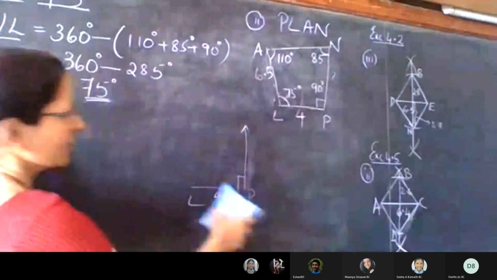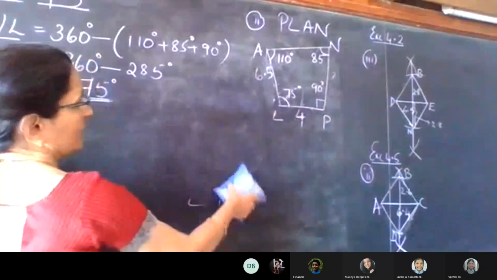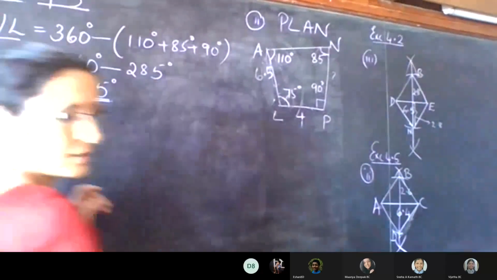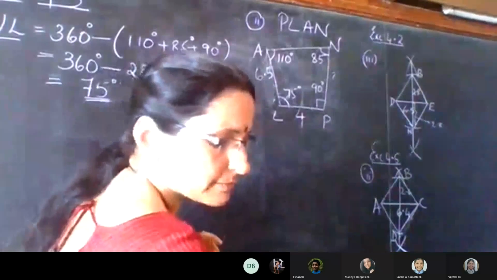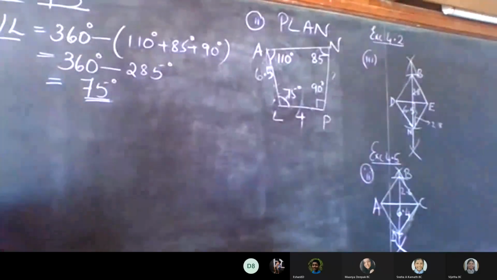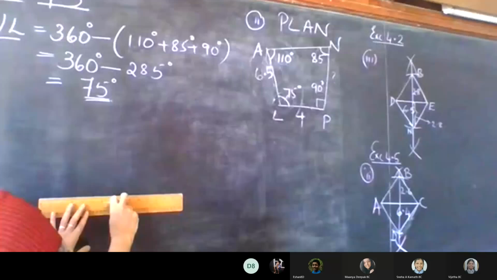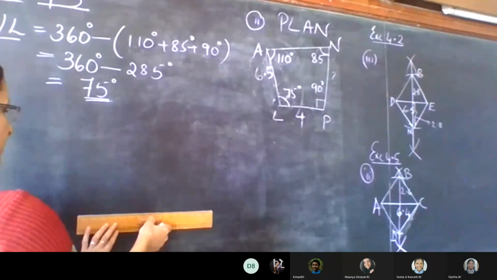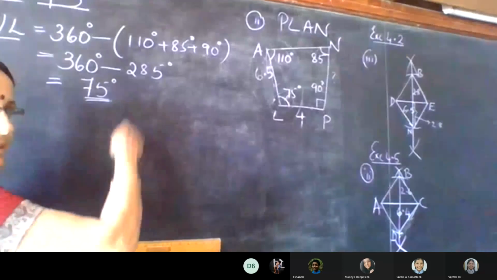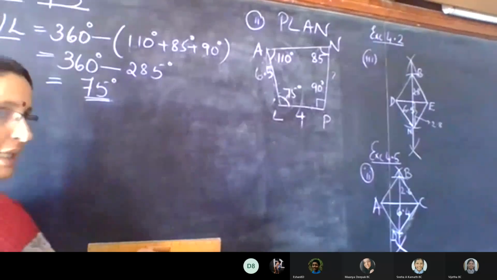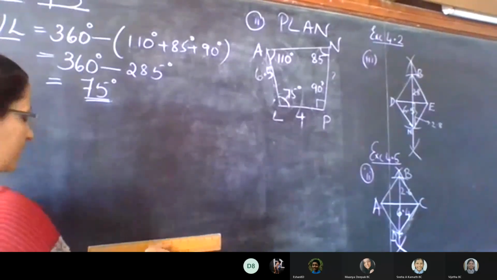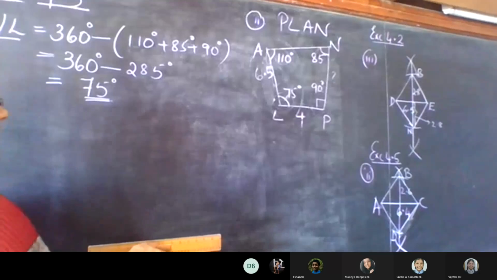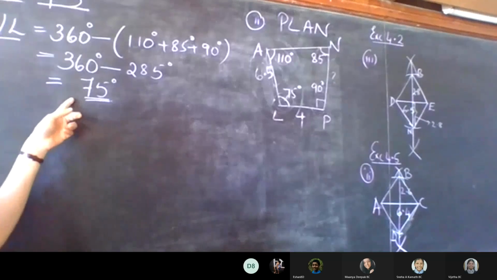Ma'am, you have kept that 4 centimeter, right? That we should draw first. Yeah, 4 centimeter drawing, measuring using the ruler. You need space here. Otherwise, if you have written this, it is better I erase this.